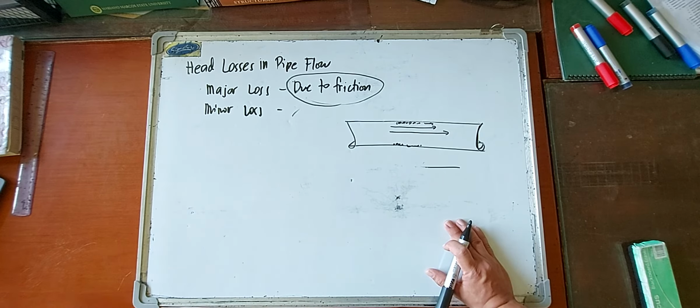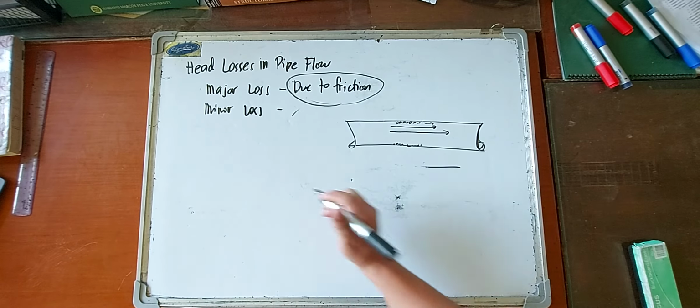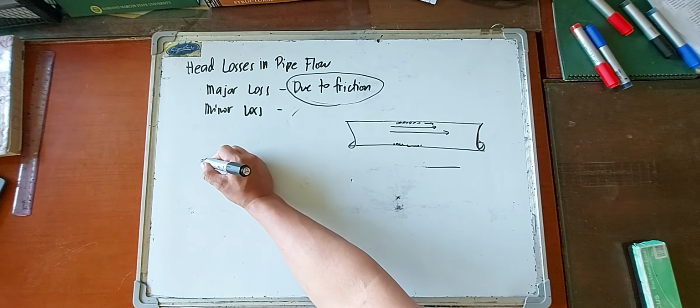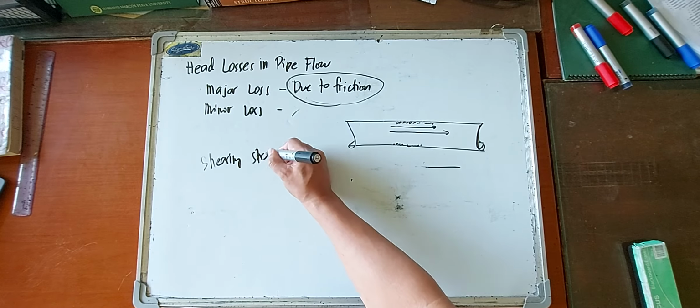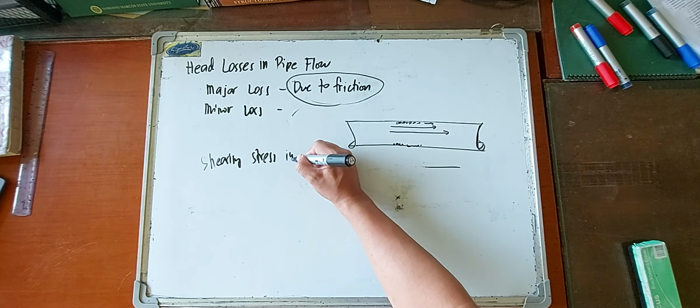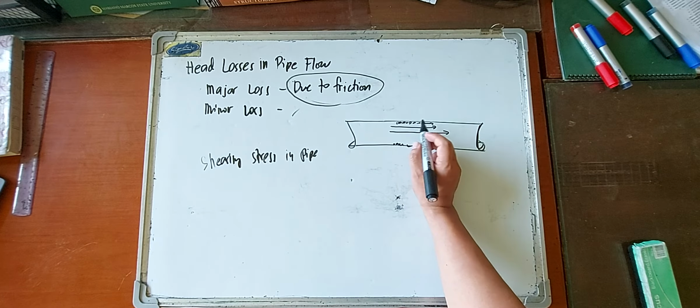Okay, another consideration also is the shearing stress in the pipe. Shearing. So nagkakaroon, so since meron tayong resistance doon sa may wall ng pipe, meron tayong shearing stresses dyan na part.